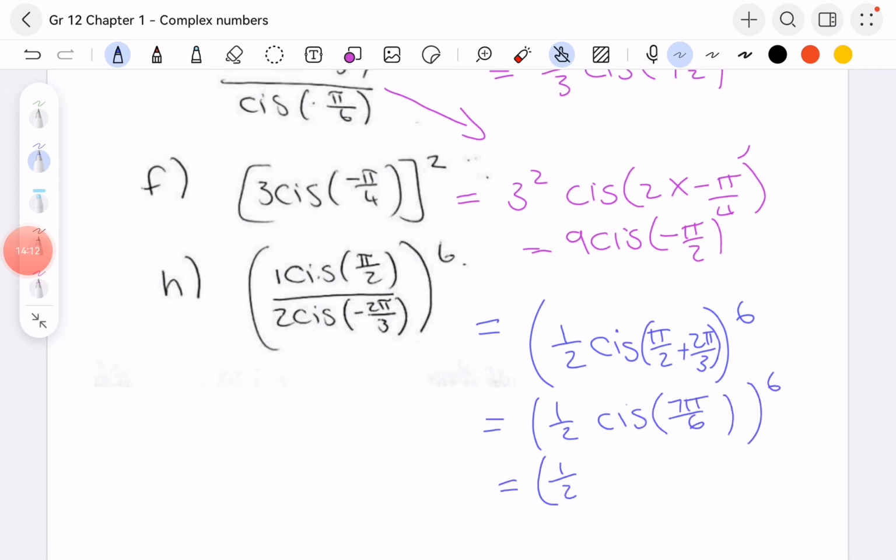I'm going to say half to the power of 6, and inside I am multiplying the 6 with the angle. 1 over 2 to the power of 6 is going to be 1 over 64 cis 7 pi.